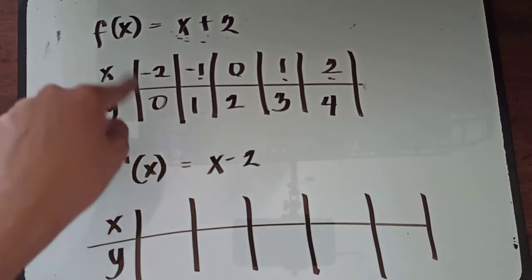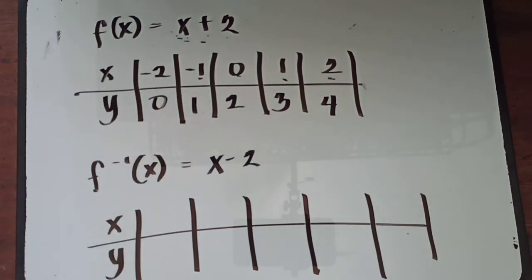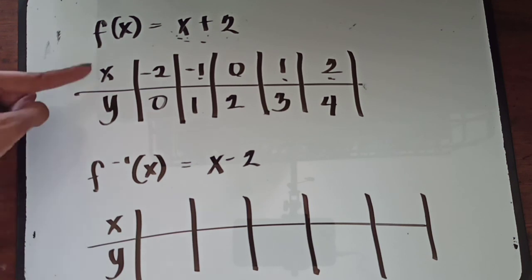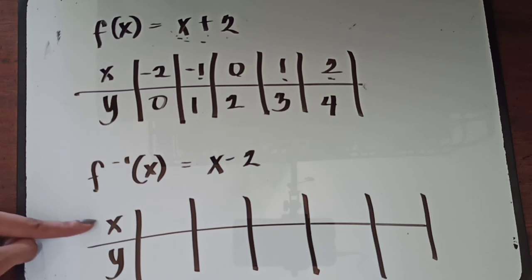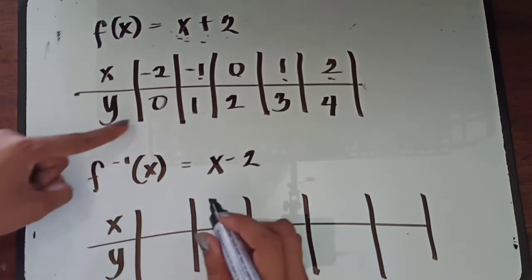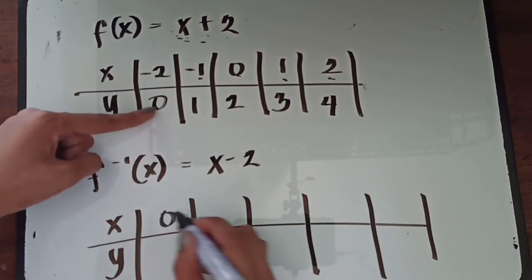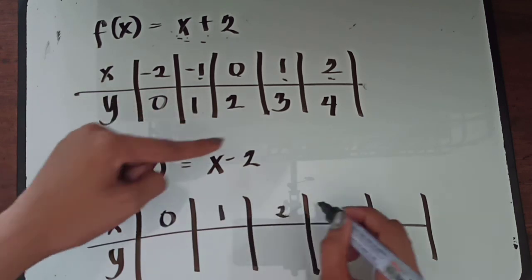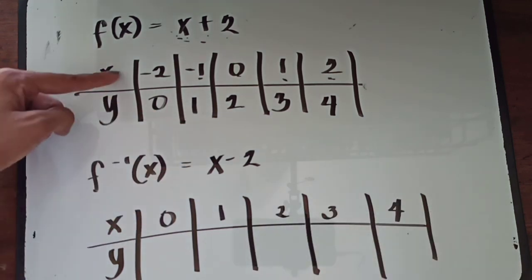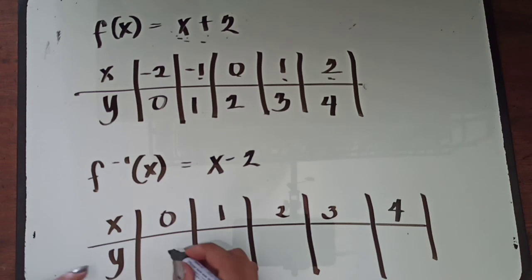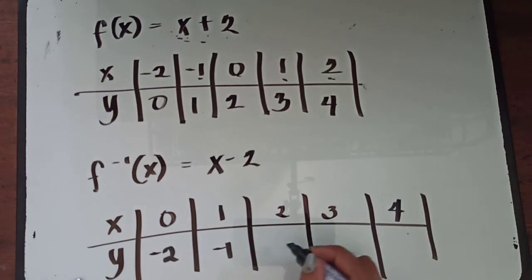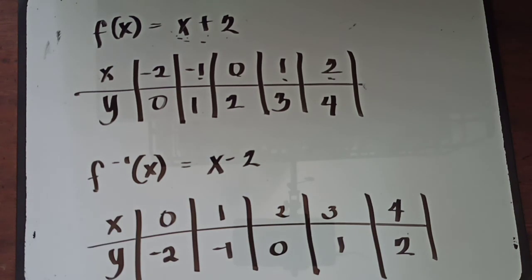Since set of ordered pairs lang din naman po ito, pagbaligtarin ko na lang, lahat ng x ko dito magiging y, lahat ng y ko dito magiging x pagdating sa inverse. So lahat ng y ko magiging x, so that is 0, 1, 2, 3, and 4. And lahat ng x ko ay magiging y, so that is negative 2, negative 1, 0, 1, and 2.